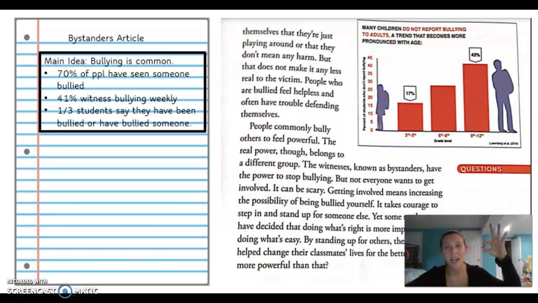Give me the done sign or the okay sign once you have finished reading the second page. I'll give you 10 more seconds.